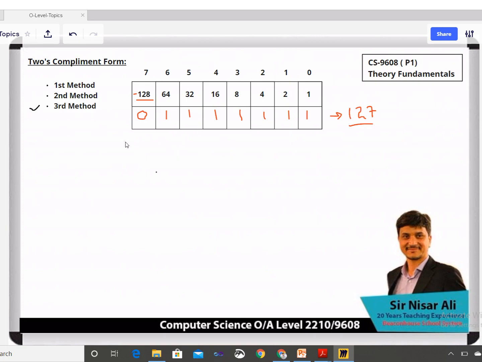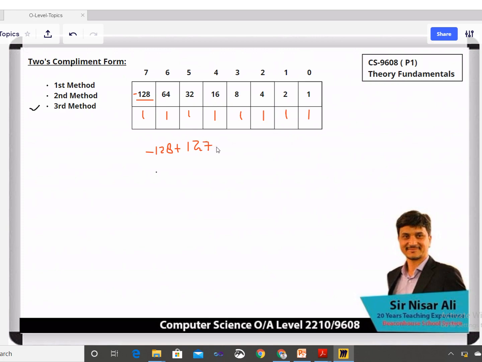And if we do one more thing, if now we turn on all the digits as ones, what will we get from here? If all the numbers are turned on, it means we are doing -128 plus the combination of 64, 32, 16, 8, all these numbers, which give us 127.